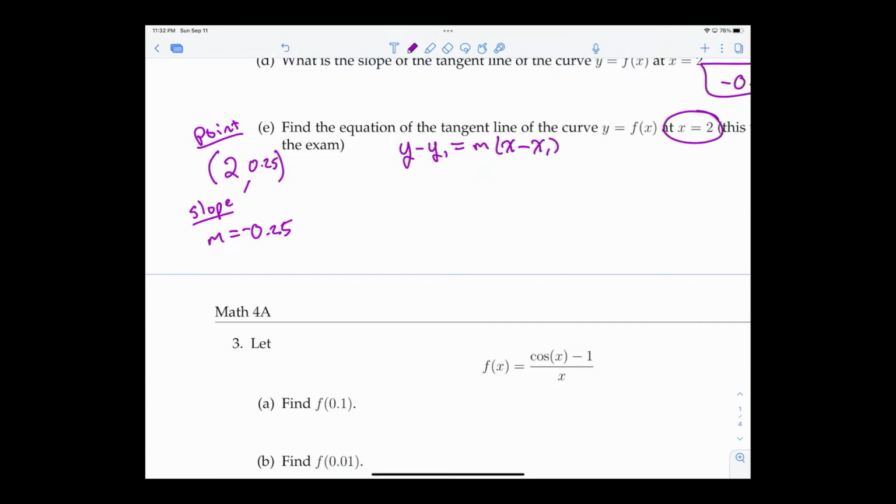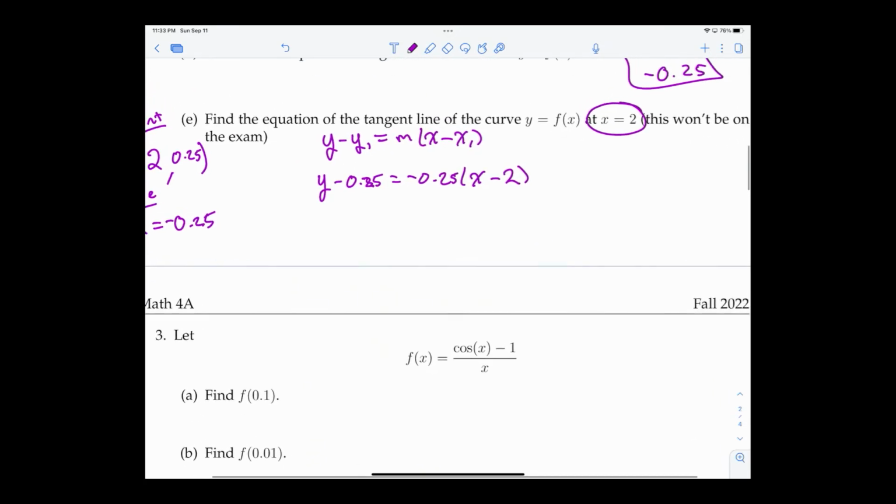That's the y value. So now we have everything we need to fill into our formula. y minus y1, the y value from the point, is 0.25, equals m, which is negative 0.25, times x minus x1, where the x value is 2.